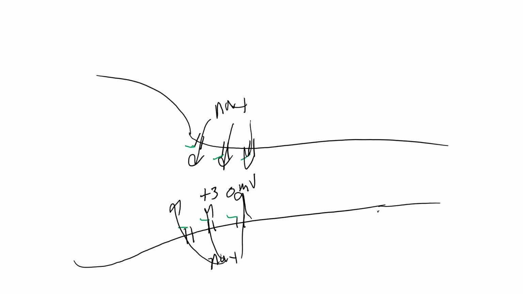At +30 millivolts, the voltage-gated sodium channels close. But it's not as simple as saying that their activation gates just close. That's actually not what happens at all. At +30 millivolts, what closes on the voltage-gated sodium channels is another gate, which is referred to as an inactivation gate, which I'm drawing in red there.